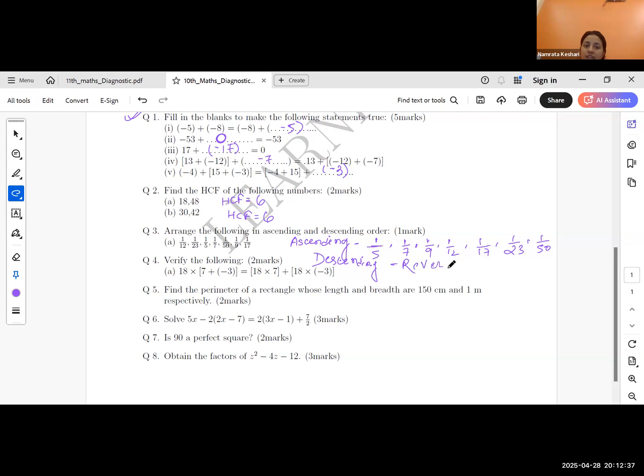Next one, verify the left hand side and the right hand side. Please check, is it same on both sides? And if it is same, what is the value? Ma'am, it is same. And what is the value?